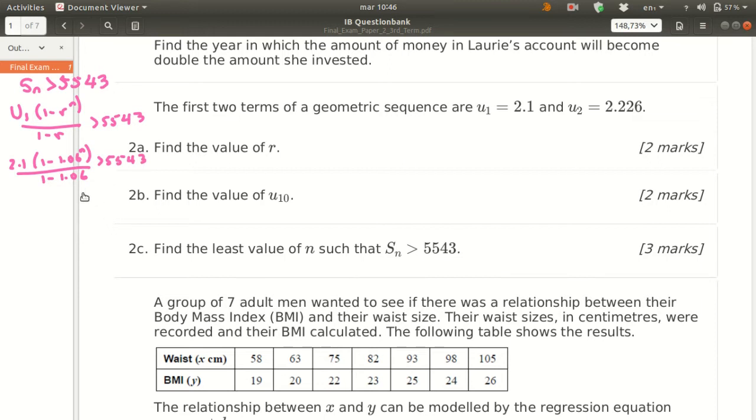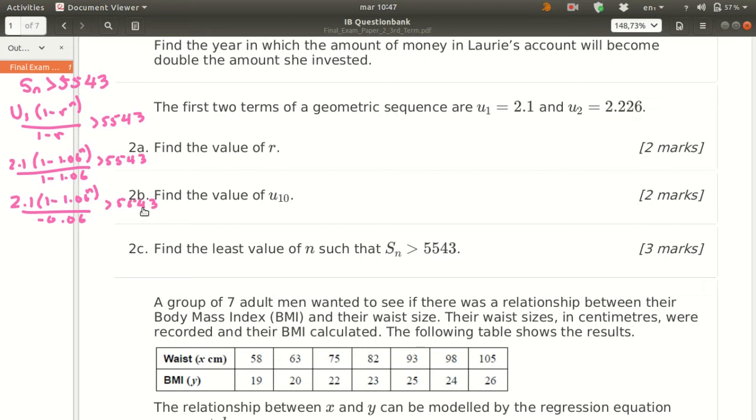So now, I'm going to solve this denominator part. So 2.1 times 1 minus 1.06 to the power of n over negative 0.06, greater than 5,543. So now, solving an inequality is just like solving an equation. We have to isolate the n.